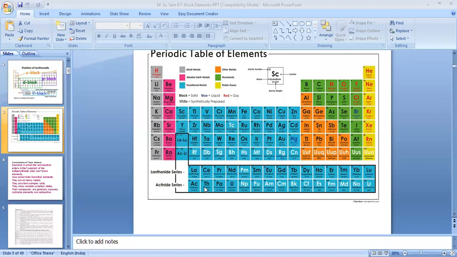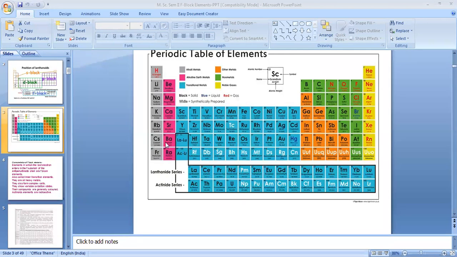Similarly, the actinides are placed in the seventh period. After the sixth period, this is the seventh period, which starts with francium, atom number 87, an alkali metal, and again the group number is the same. So while giving the position of lanthanides and actinides, the group number is the same, that is third B group, but the period number is different.